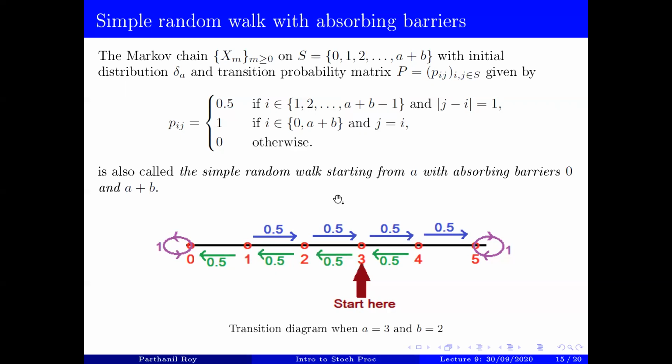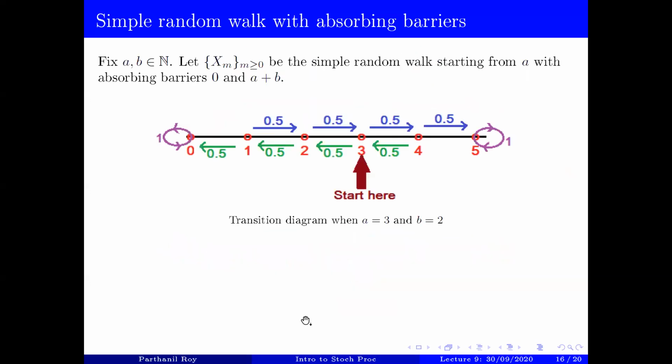That's why it's called simple random walk with absorbing barriers 0 and A plus B. And of course, it starts from A. So fix A and B positive integers and let X_m be a simple random walk starting from A with absorbing barriers 0 and A plus B. This is basically just the gambler's ruin Markov chain, with the same transition matrix as we have given. The transition diagram also is given.